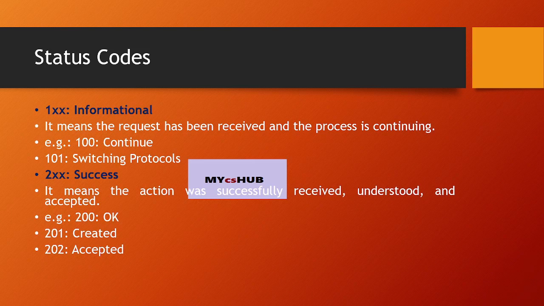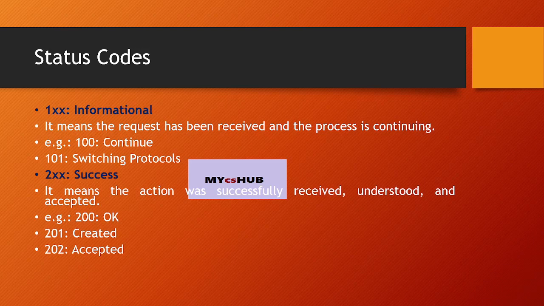Thereafter, we have the second one, which is success. In this case, you will get the status code based on 2xx, like 200, 201, 202, and so forth. It means the action was successfully received, understood, and accepted.